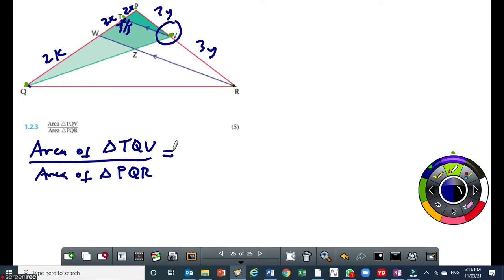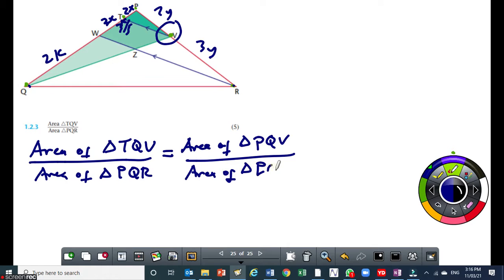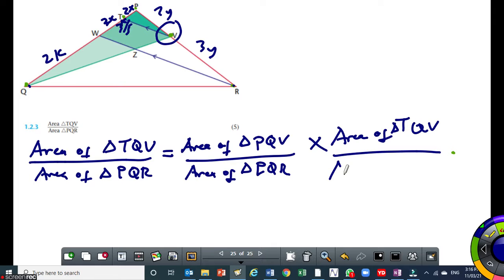This is equivalent to the area of triangle PQV over the area of triangle PQR, times, I'm using my knowledge of fractions, the area of triangle TQV over the area of triangle PQV.